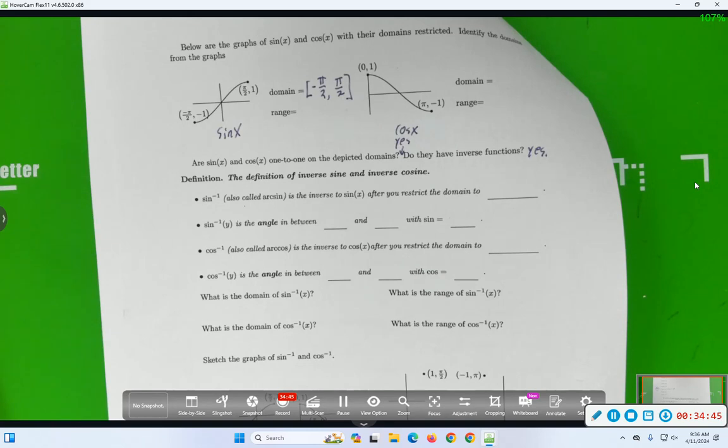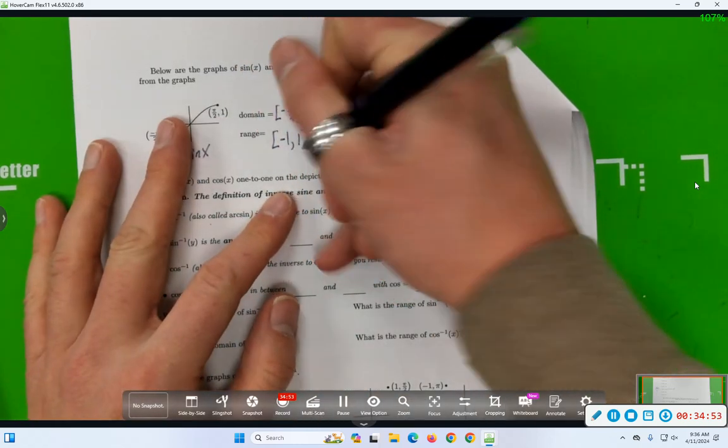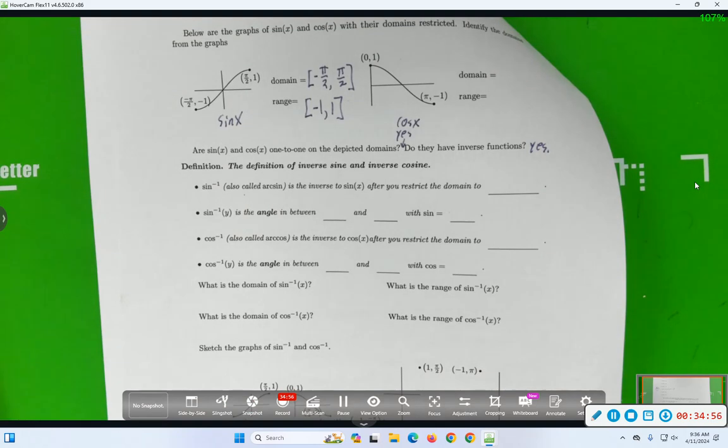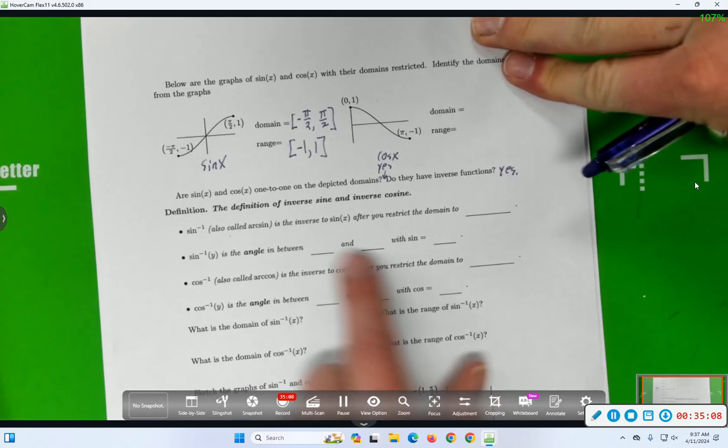The domain is the x values you see on the graph. What about the range? It'd be negative 1 to 1. That's the y values, included. And notice we didn't lose the range. That's the same as the range of the whole graph of sine. So we lost some domain, but at least we didn't lose any range. How about when we do this restriction for cosine?